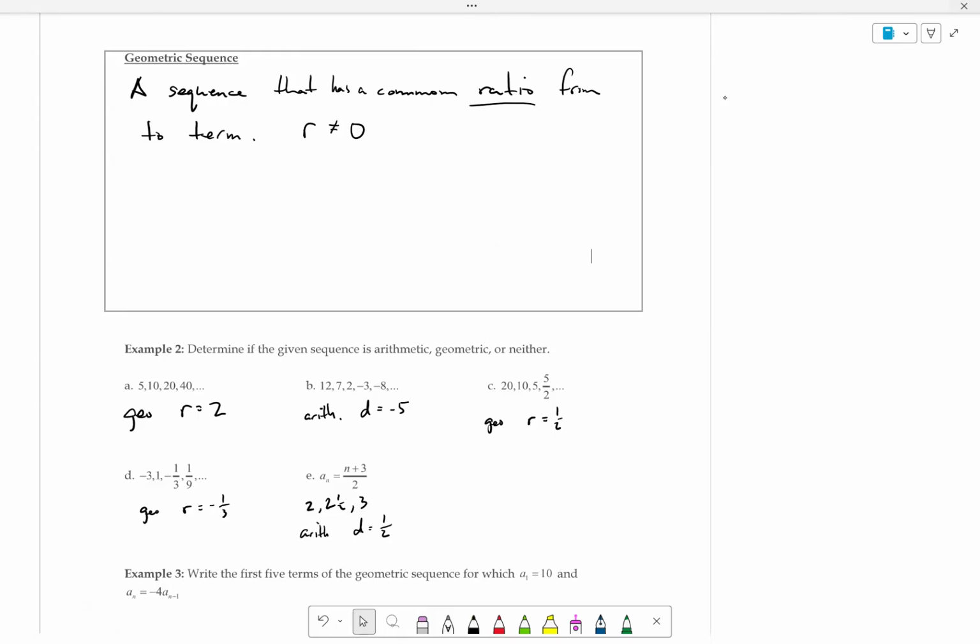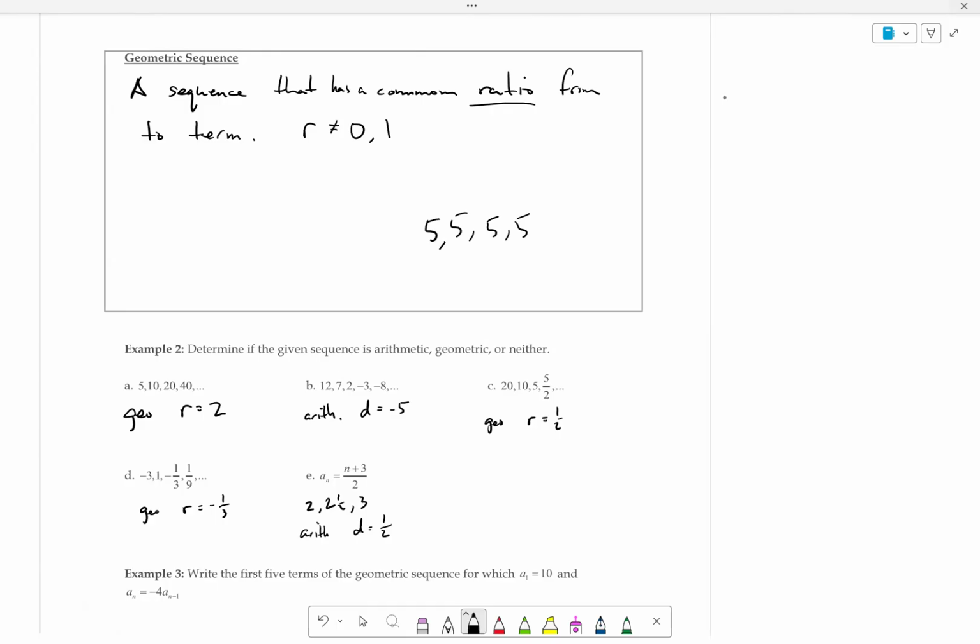And there is one other number. R can't equal 1. Nice. Like if we start with 5, and this is a geometric sequence, it'd be 5, 5, 5, 5. It doesn't fit the pattern, because that could also be arithmetic, couldn't it?